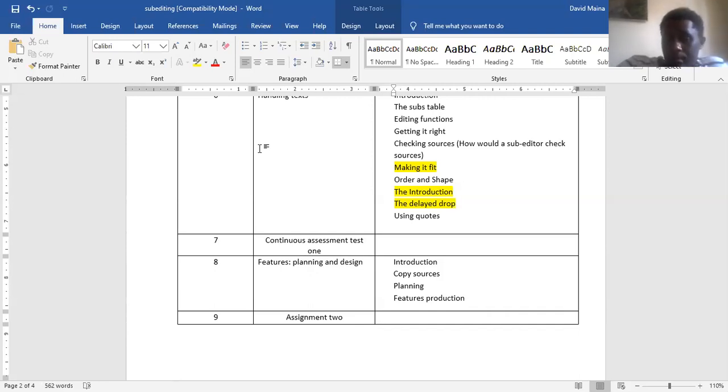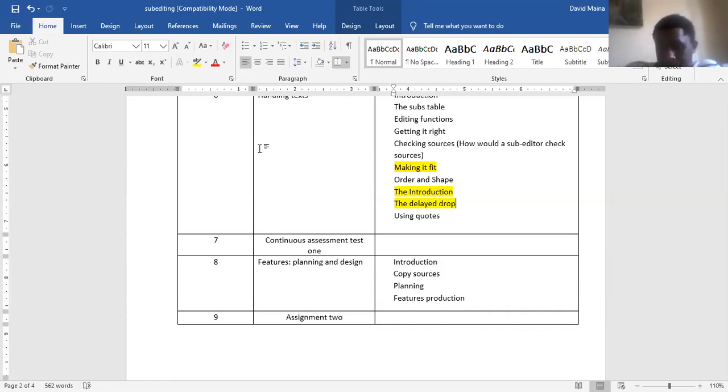Sindio? Yes. So as far as feature stories are concerned, it is the opposite of the news. The feature stories follow what we call the pyramid itself. So you start with the least important to the most important. Because when you start with the most important, the reader will not read the rest.